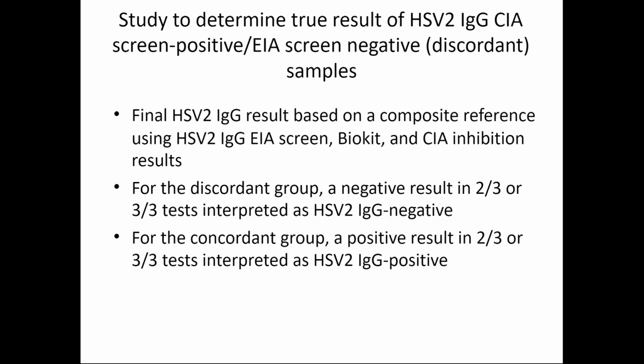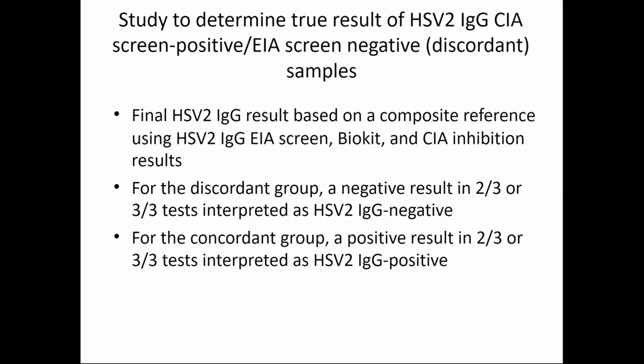To interpret the results, we came up with a final result based on a composite reference using 3 parameters: the HSV-2 IgG EIA screen result, the BioKit result, and the CIA inhibition result.